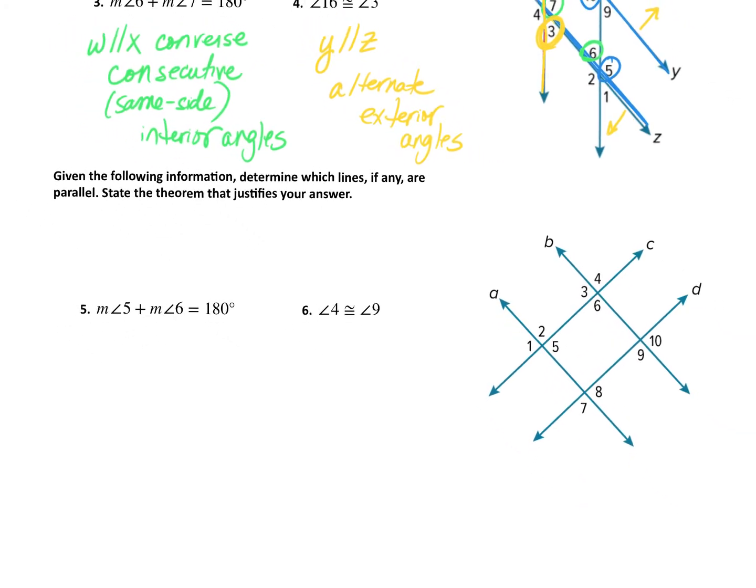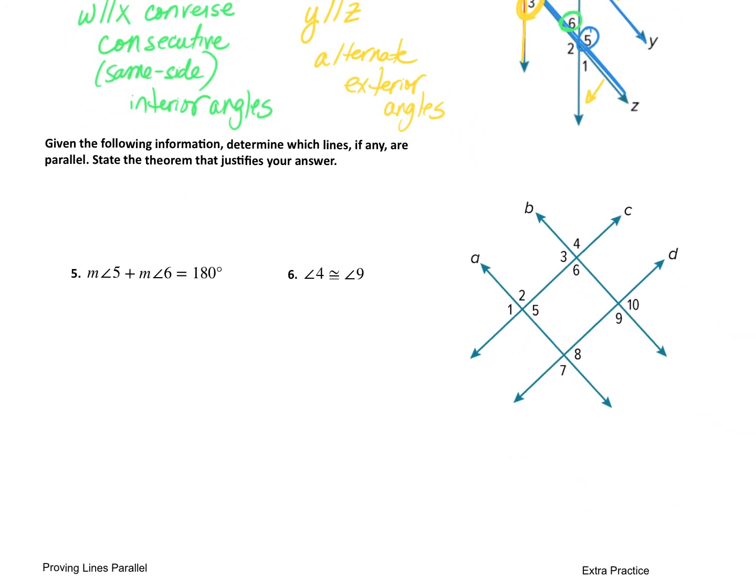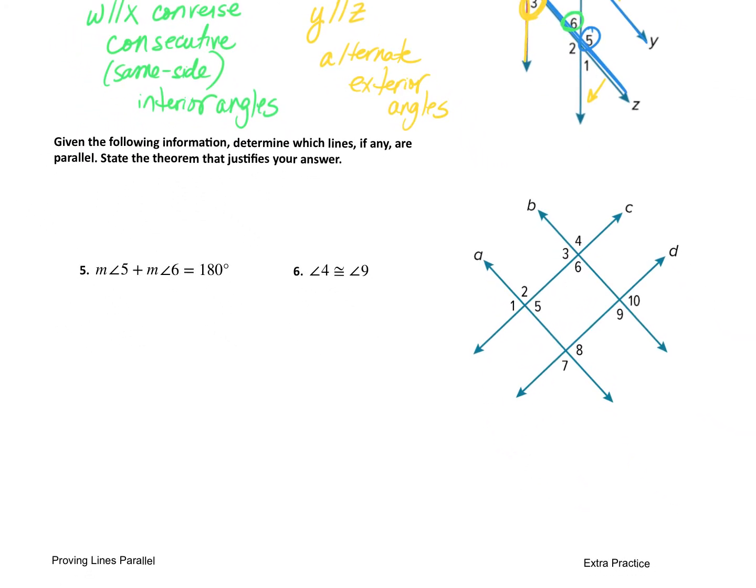So take a minute, pause the video, and see if you can answer 5 and 6. Number 5, we're looking at angles 5 and 6. I think the easiest thing is to first determine the transversal that they sit on.